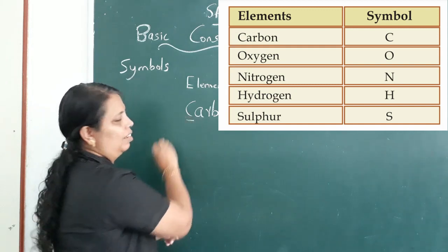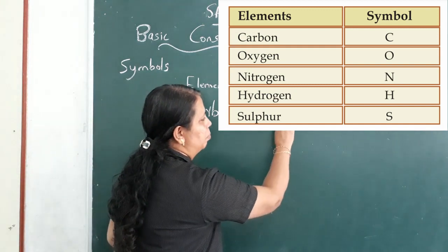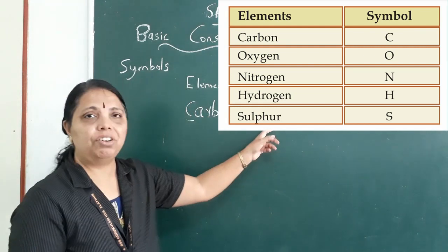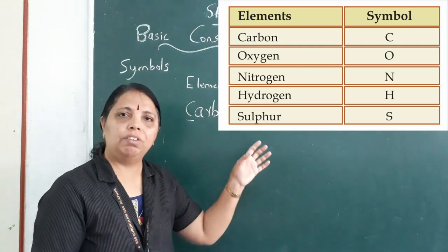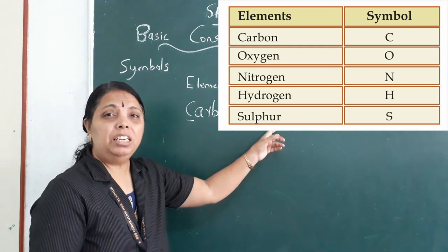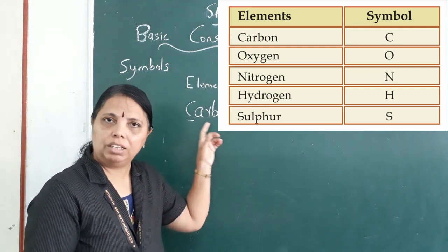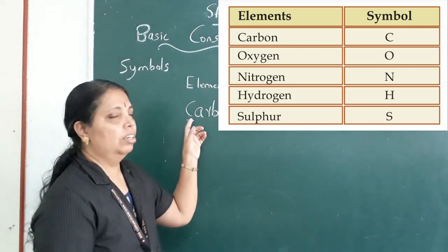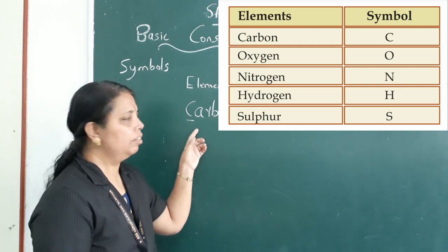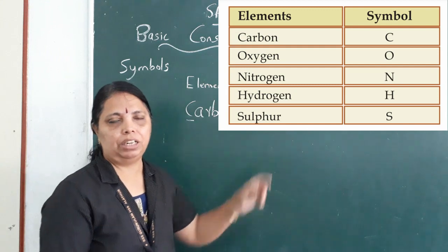So if I write C on the board, it is understood that I mean carbon. Clear? So how do we get the symbol for carbon? By writing the first letter, and that too in capital letters.